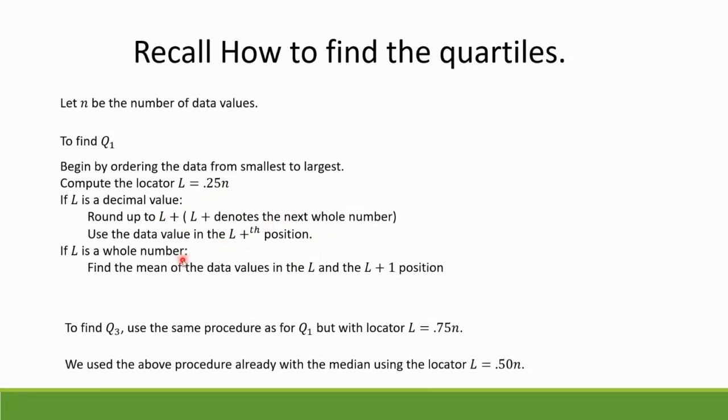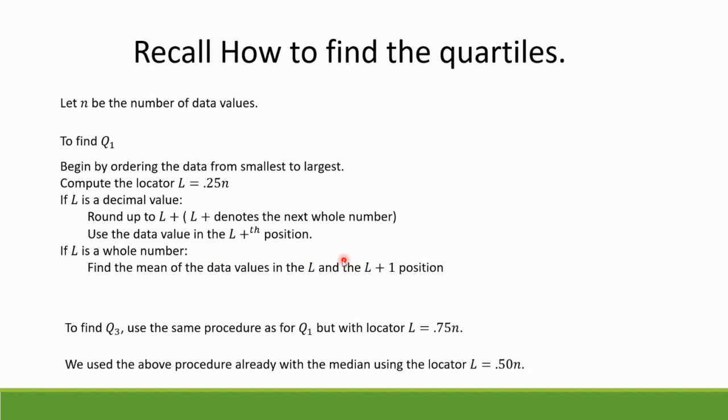Now, if L happens to be a whole number, then you have to find the mean, which is the average of the data values in the L and L plus 1 position. So if L turned out to be, let's say, 4, you would get the data values in the 4th and 5th position, again sorting from smallest to biggest.